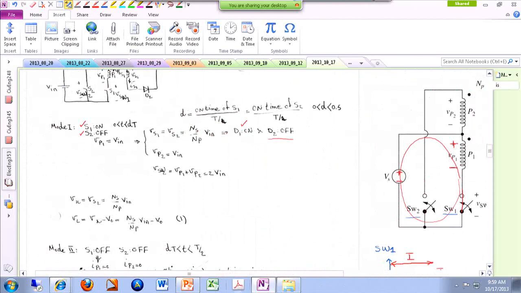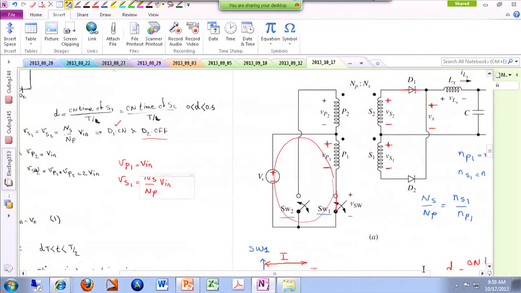So basically in this mode, what we have is V primary 1 is Vin. So V secondary 1 will be Ns, the secondary number of turns, over Np times Vin. Okay, so we have the V secondary 1 voltage, which is, because diode number 1 is on, V secondary 2.